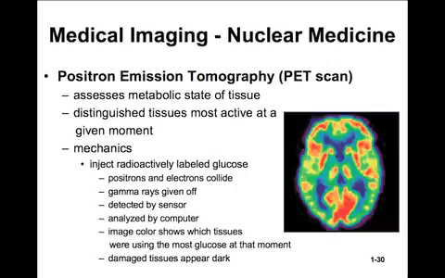They're detected by a sensor and analyzed by a computer. And the image color shows which tissues were using the most glucose at any given moment. The areas that would appear dark in a PET scan are where there's tissue damage. There's no glucose metabolism.